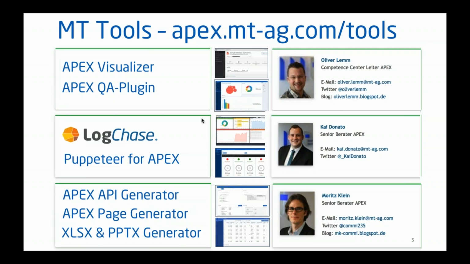Then you have the page generator. If you have master data, maybe like 200 pages to maintain master data, it takes you a lot of time to set this up.